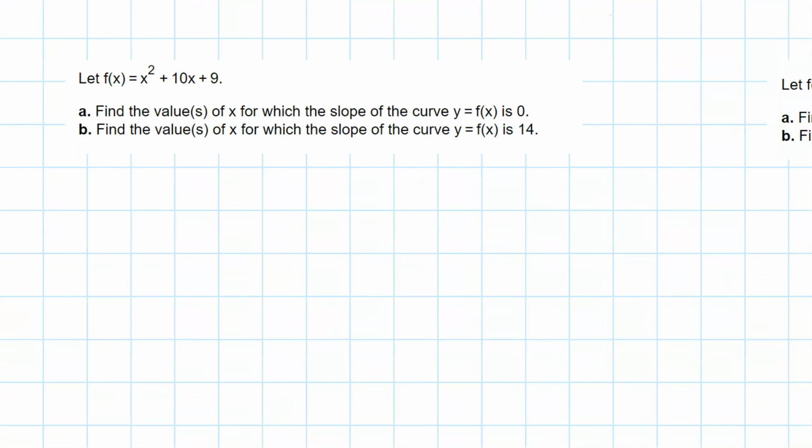Okay, so now these last couple problems have to deal with derivatives as well. So we want to find the values of x where the slope of the curve y equals f of x is 0, and the values of x for which the slope of the curve y equals f of x is 14. So the slope of the curve y equals f of x is fancy for derivative.